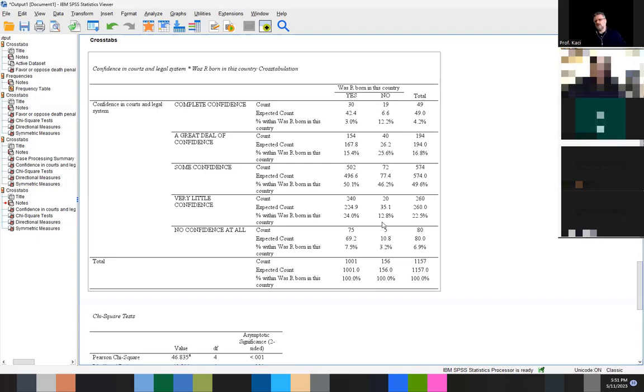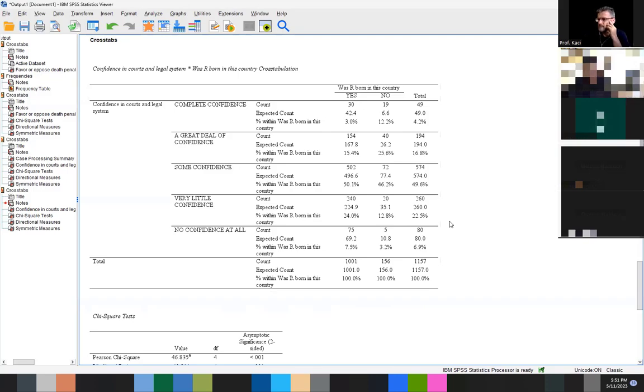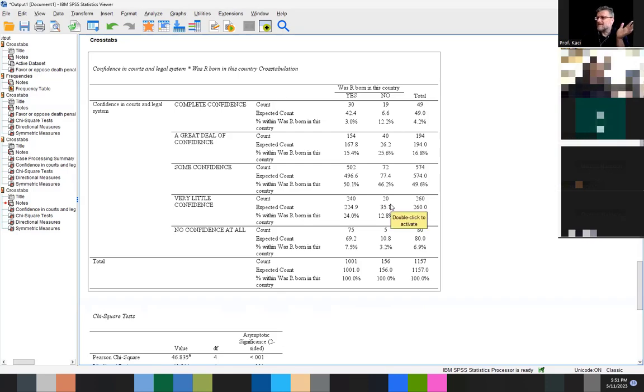Now, somebody who really wants to research this even deeper can go and figure out some more predictors, because only the idea that somebody is born in this country or not is not the complete reason why the confidence in courts and legal system is different, right? There might be some other stuff, maybe personal experience, maybe, I don't know, a lot of different things that one can think of. But as we can see here, I can confidently say that just by eyeballing this, that this difference is significant.